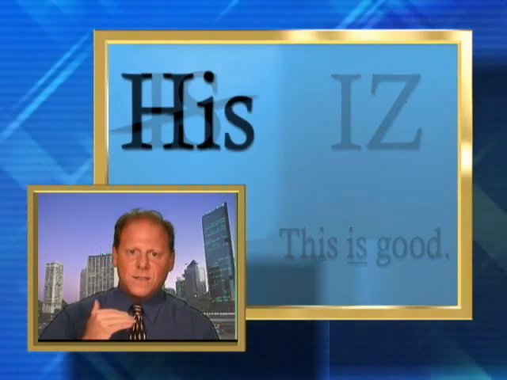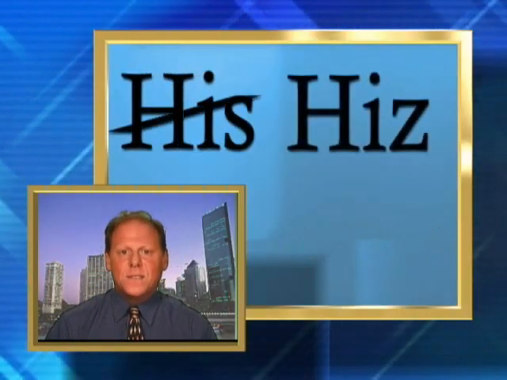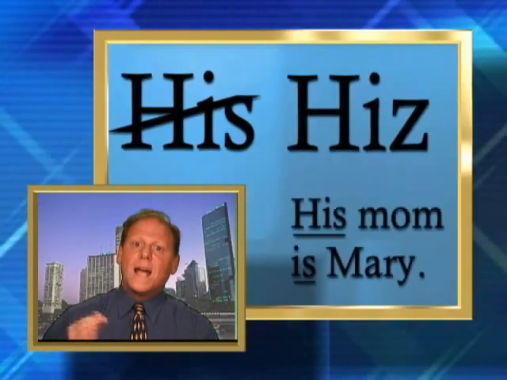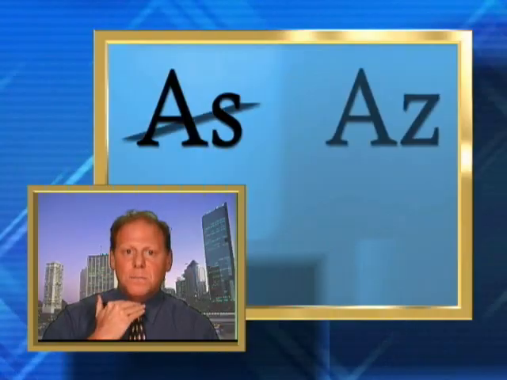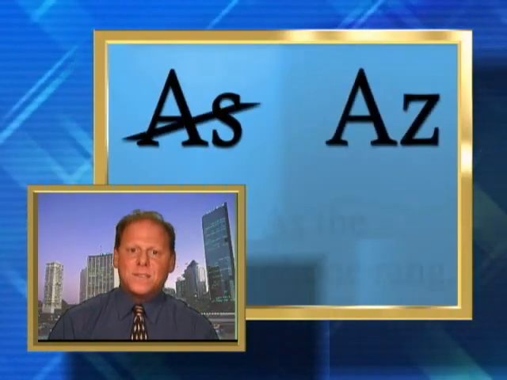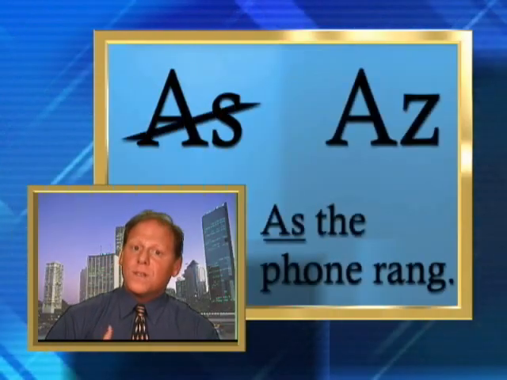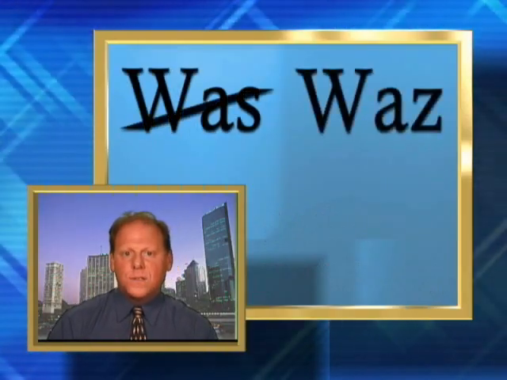You hear that? Is. His, same thing. It also has a voiced Z ending. His mom is Mary. As, you pronounce it with a voiced Z. As the phone rang. Was, which is a very common word. It was raining.